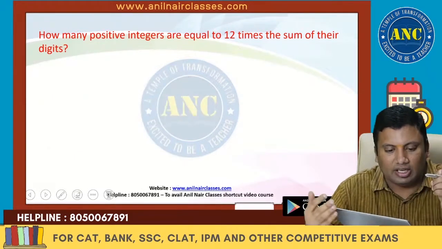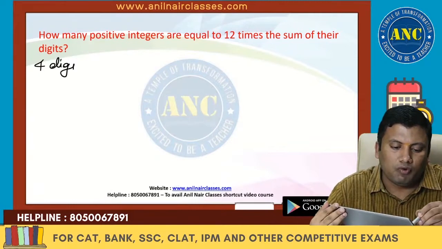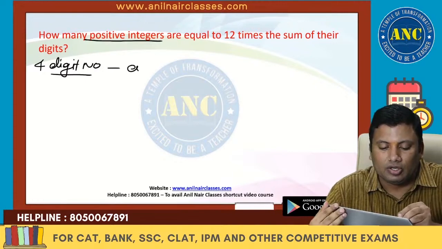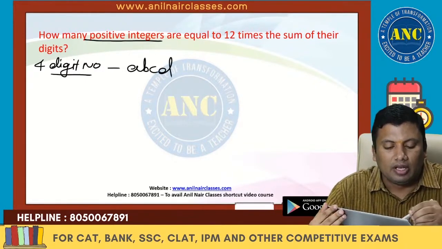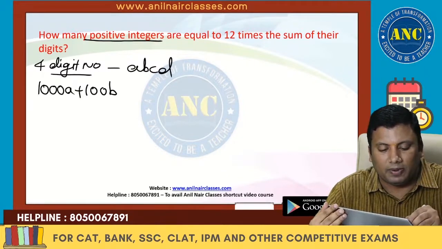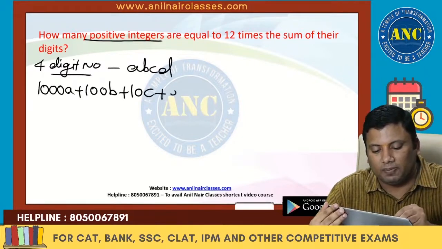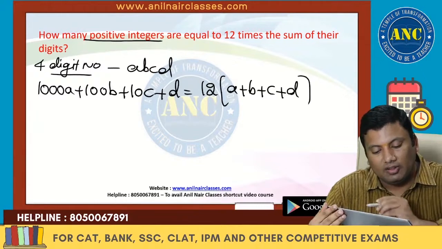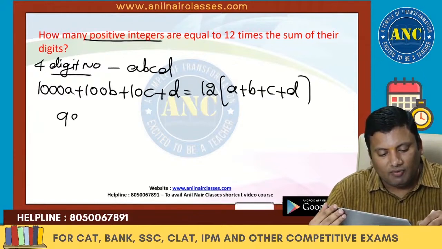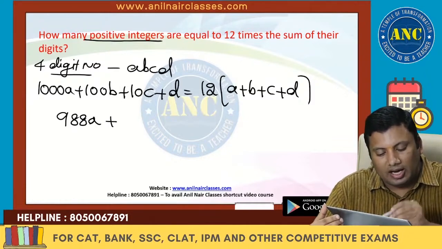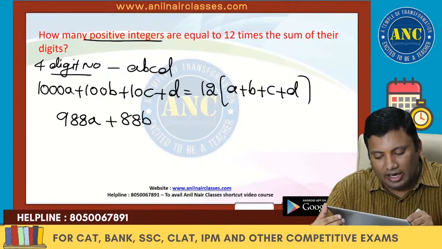If it is a 4 digit number, it could be any, he said how many positive integers. So it is A, B, C, D. A is there in thousands place, B is there in hundreds place, C is there in tens place, plus D. It is 12 times the sum of their digits. 1000A minus 12A, which is nothing but 988A, plus 100B minus 12B, 88B.